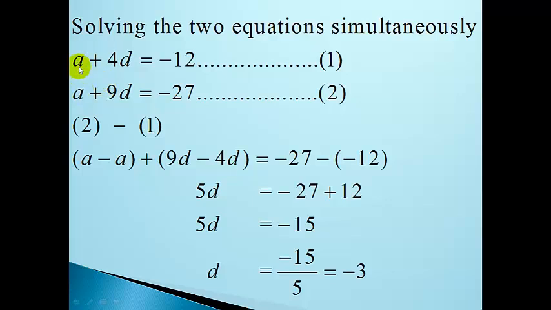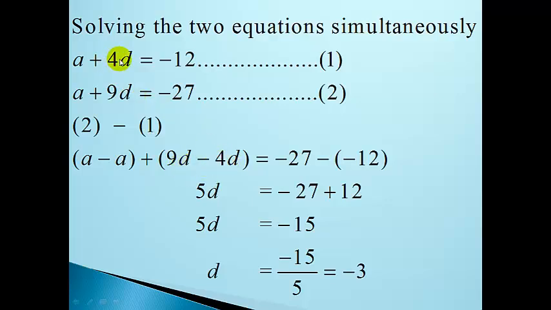We can see that the coefficient of a in equation 1 is 1, and the coefficient of a in equation 2 is also 1, and they have the same sign, so we subtract one equation from the other. Now subtracting equation 1 from equation 2, we have a minus a, plus 9d minus 4d.